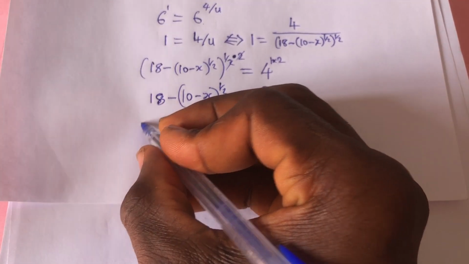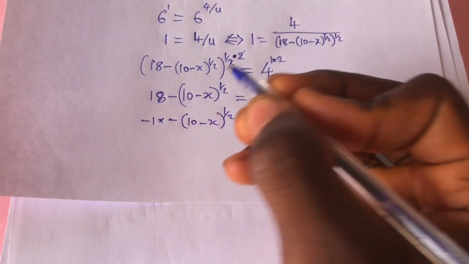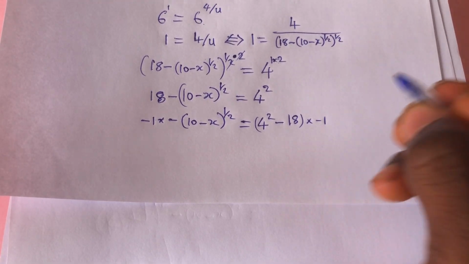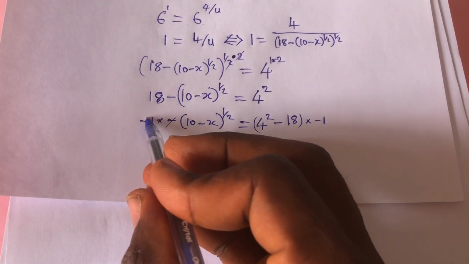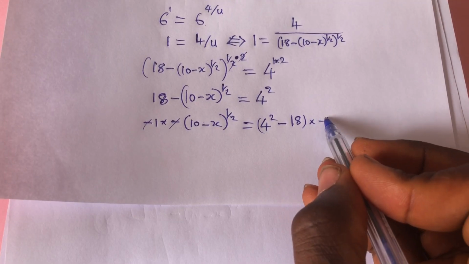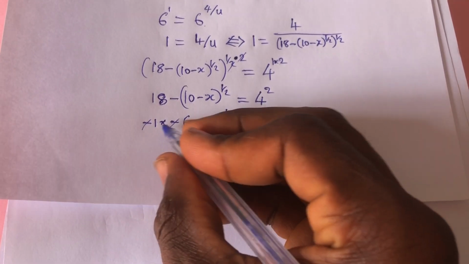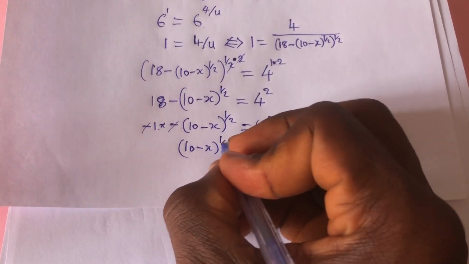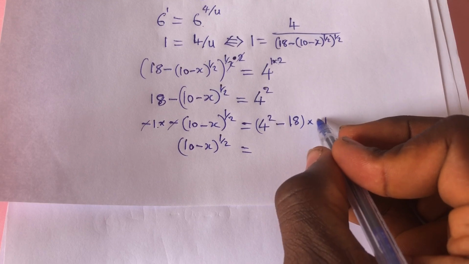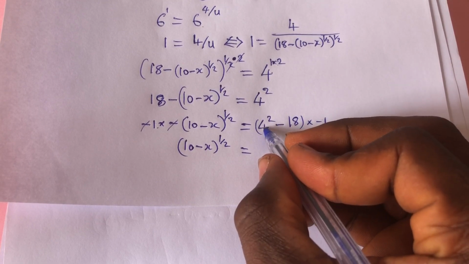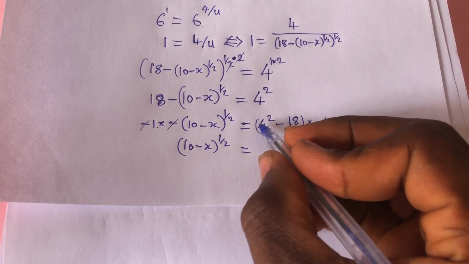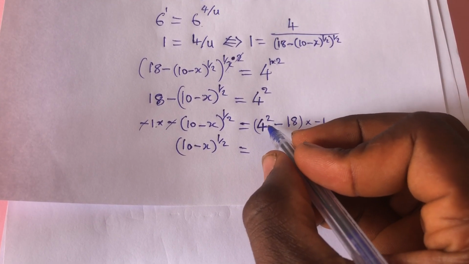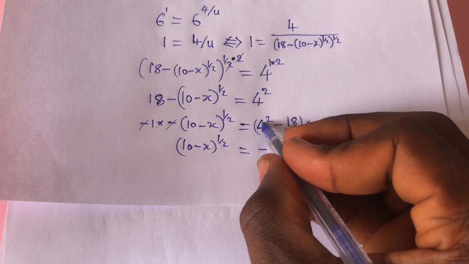If we multiply everything through by minus 1, this minus takes down this minus, so we have 10 minus x, everything raised to the power 1 over 2, is equal to minus 1 times 4 raised to power 2, which is 16.